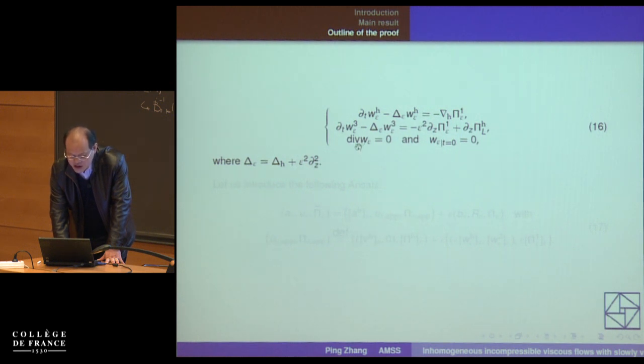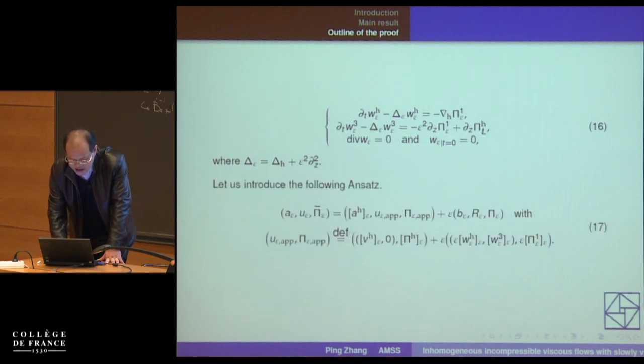Then because of this divergence-free condition, we need to put this epsilon squared before this partial_z of pi_1 epsilon. We introduce this correction term just to get rid of this bad term, partial_z partial_L h. So now let's introduce the following ansatz.